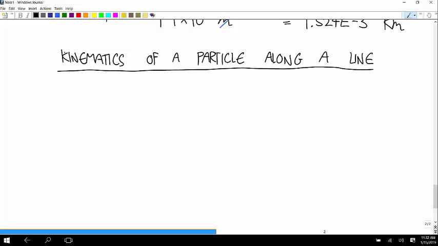So this has sort of 3 bits of information in it. The first one is kinematics. So what's kinematics? The way to think of kinematics is it's all the things that describe motion without talking about the causes of the motion.